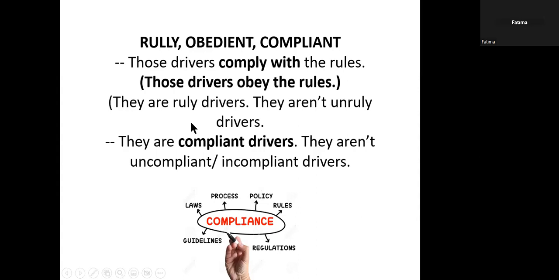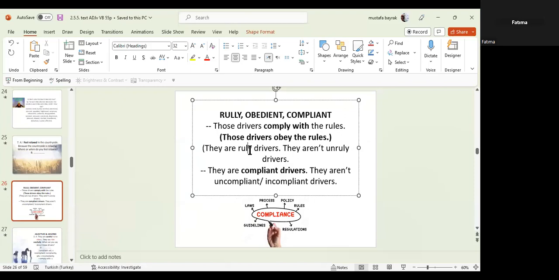They are ruly drivers. They aren't unruly drivers. They are compliant drivers. They aren't uncompliant or incompliant drivers. Really, one L or two L's? I think there must be two L's, really.